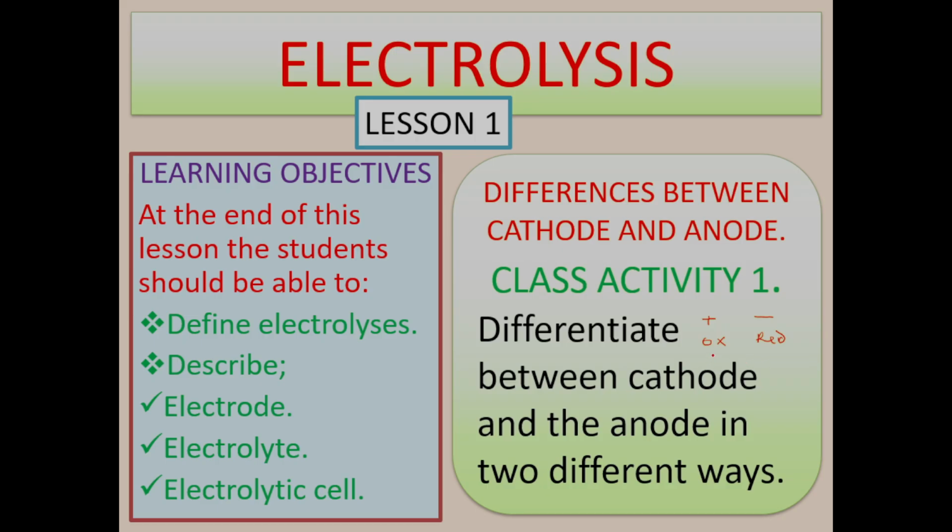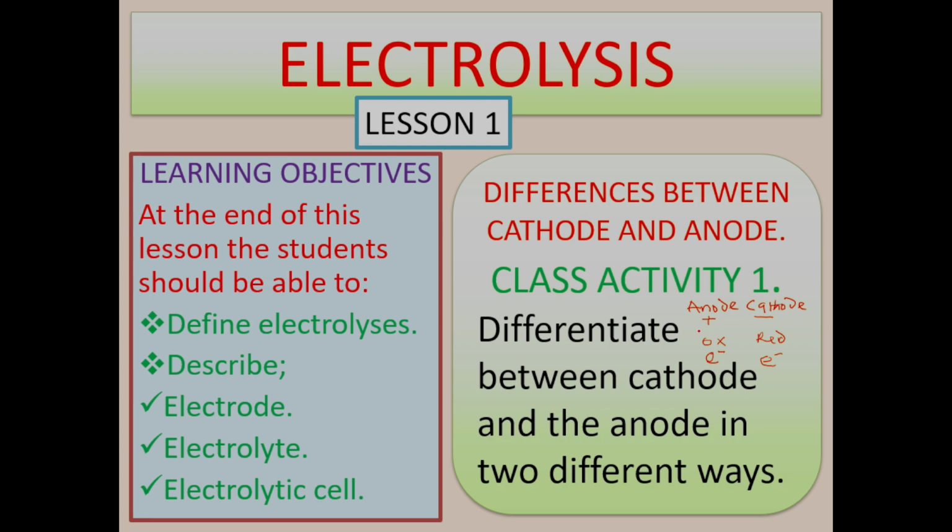Electrons leave the electrolyte or the cell through the anode, while electrons enter the electrolyte or the cell through the cathode. So these are basically the various ways we can differentiate between the anode and the cathode.